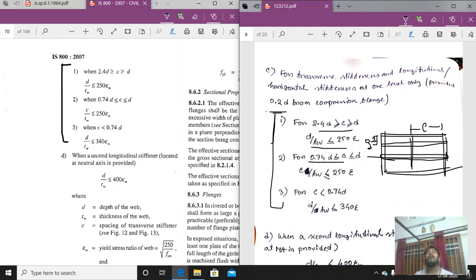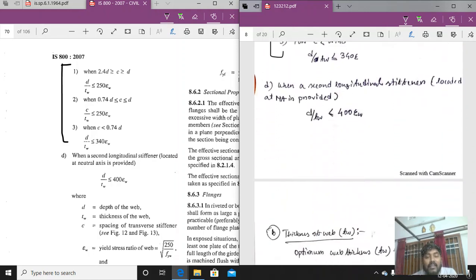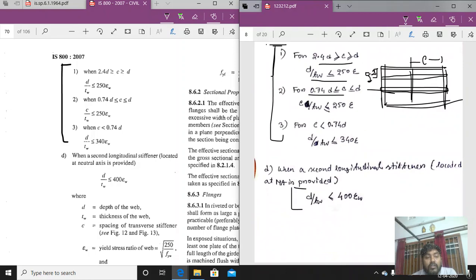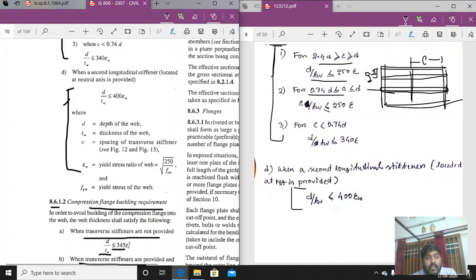Depending on whether stiffeners are used or not, transverse or longitudinal or both, criteria are specified. So this is the 4th criteria we have to satisfy.